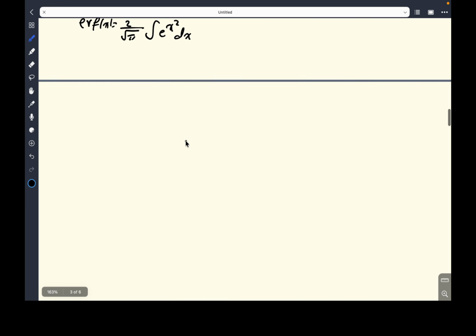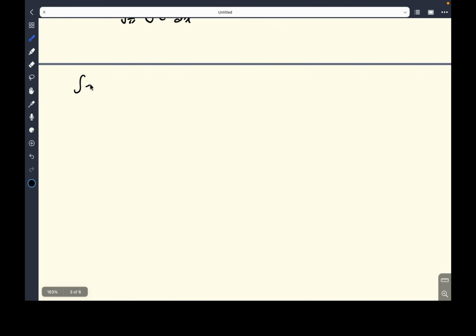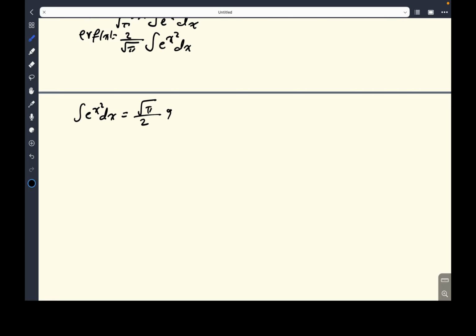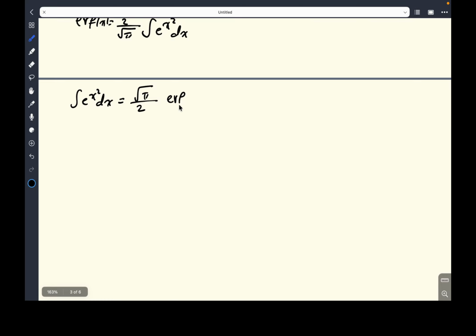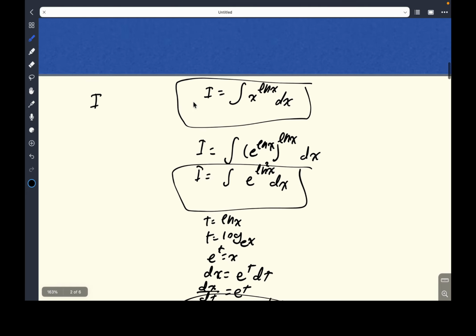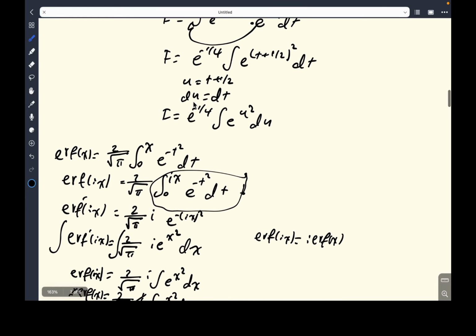Now, the integral of e to the x squared dx is root pi over 2 erf of x. So here we got the result for this integral.